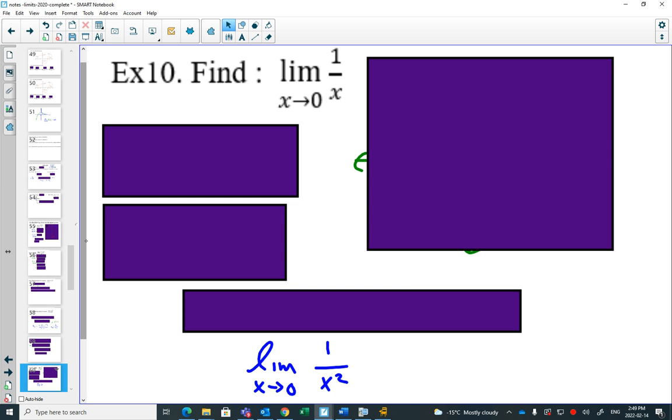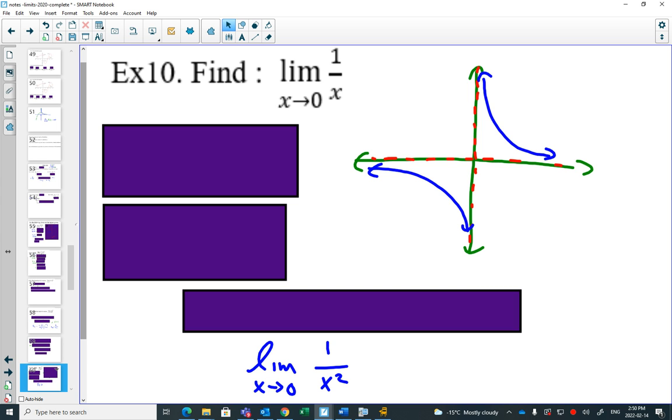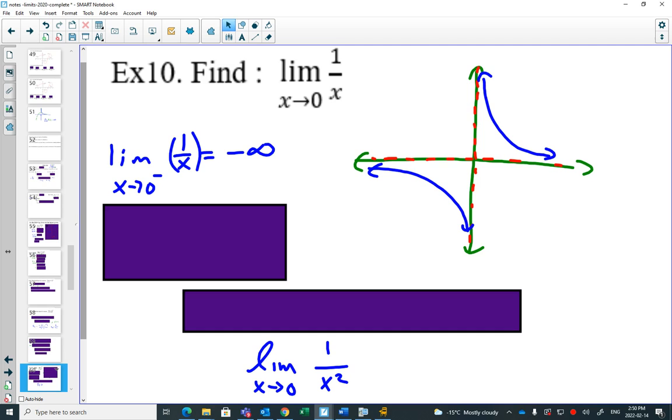And if you think about the graph of 1 over x, there it is. And you think about earlier when we talked about a limit, in order for a limit to exist, you needed to approach from the left side and from the right side, and it needed to approach the same thing. So if I do the limit as x goes to 0 from the left side, can you see that it goes down forever?